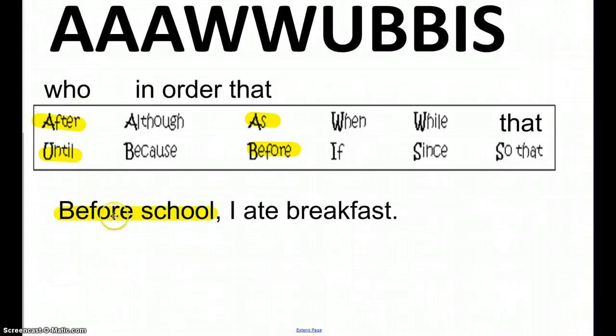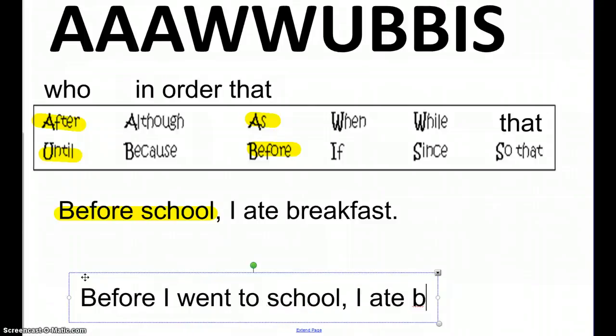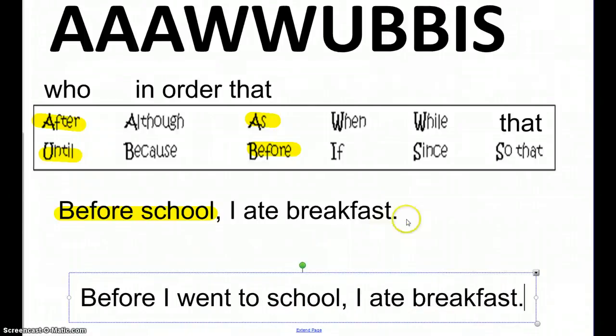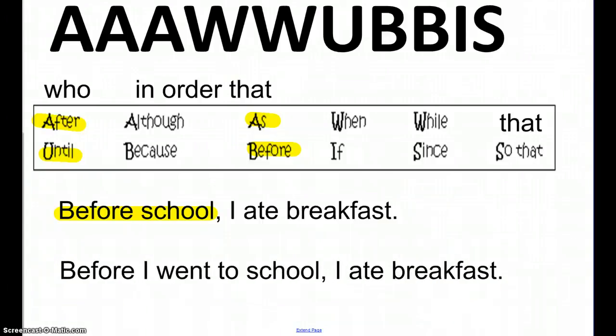Now we could change that to a dependent clause: before I went to school, comma, I ate breakfast. And so we've got the before again. The difference here is that there's a verb after it. It does end with a noun, but we can see that that noun is part of a prepositional phrase, to school.